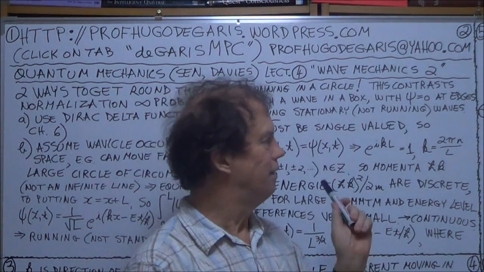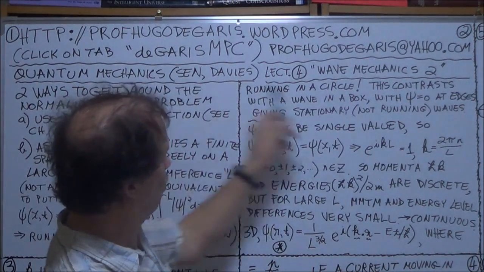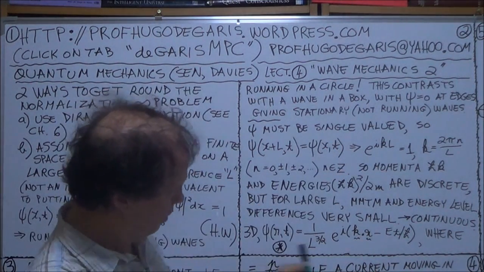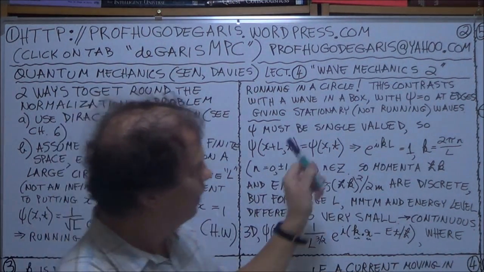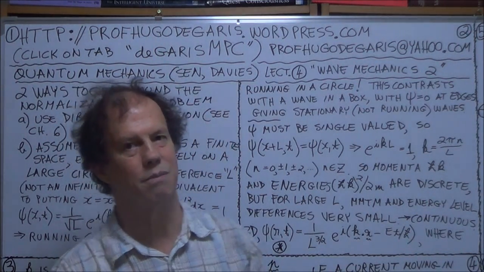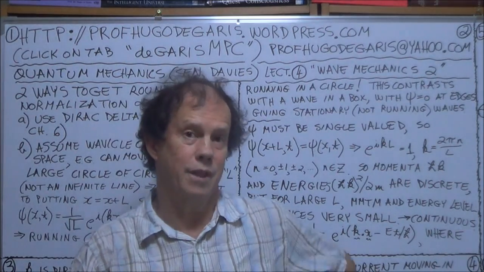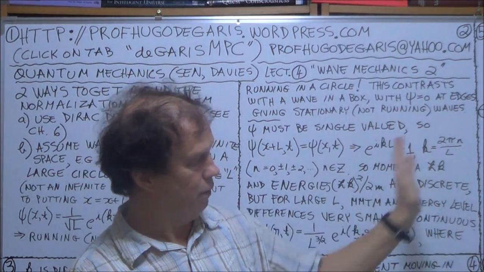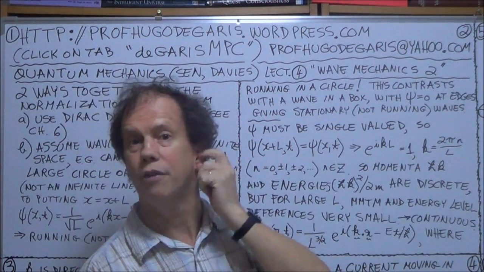So for the whole board, there'll be 1, 2, 3, and 4.